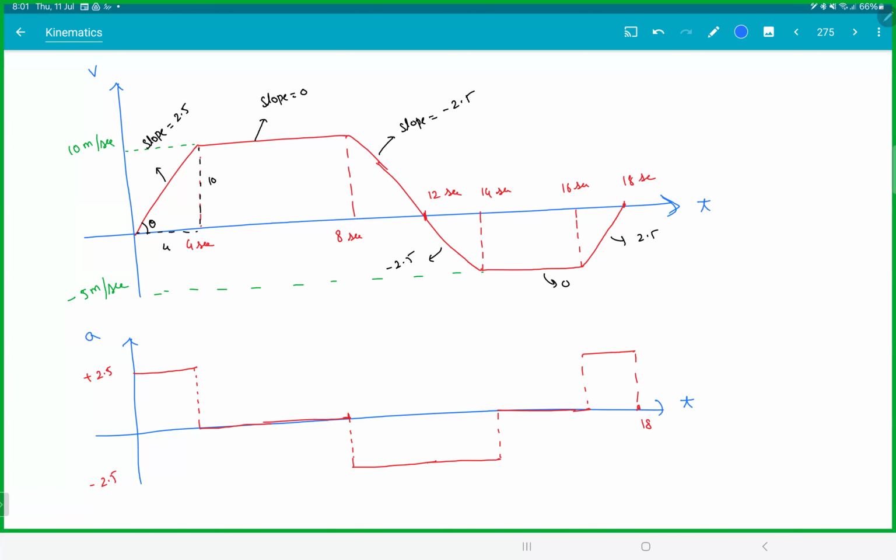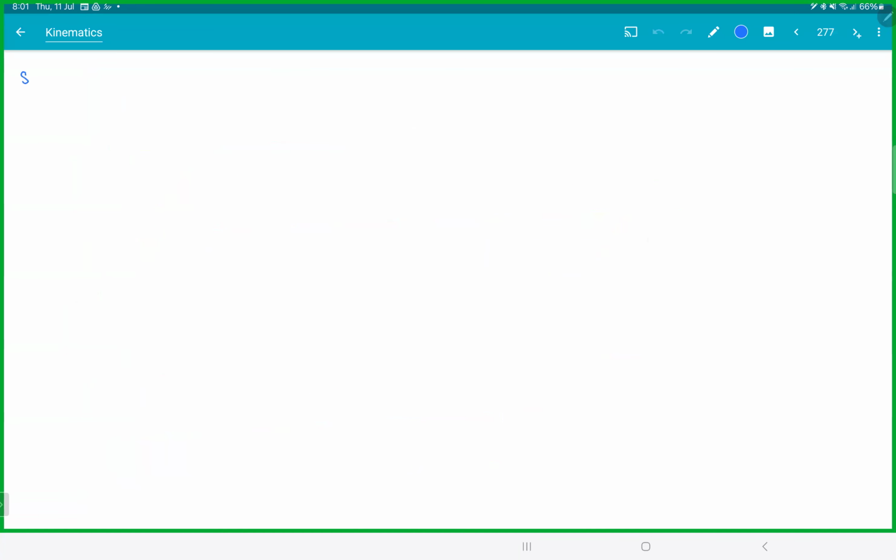Next thing. Let's say we have a VT graph like this.